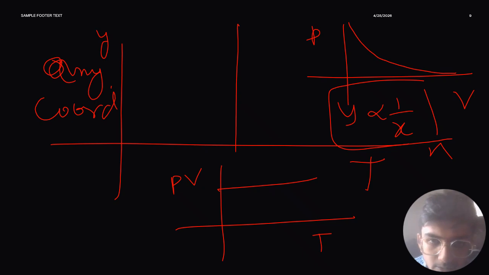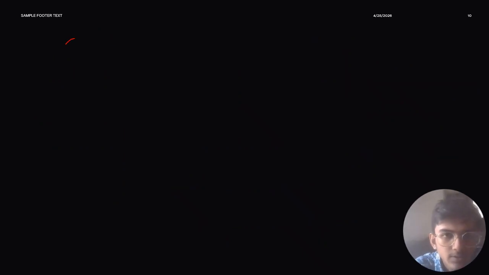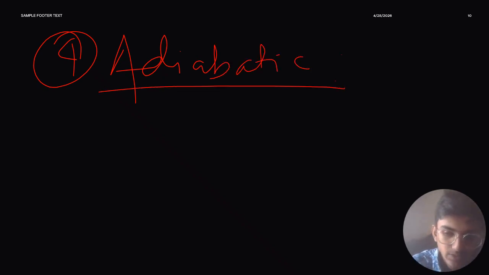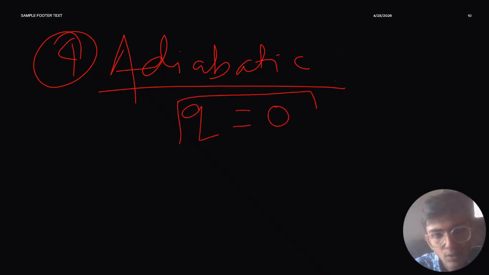Now we will move to the adiabatic process, the fourth and last one. It is a very special process because in this process heat exchange is zero, meaning no exchange of heat between system and surrounding.